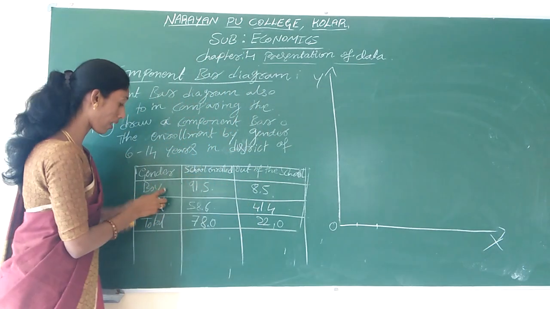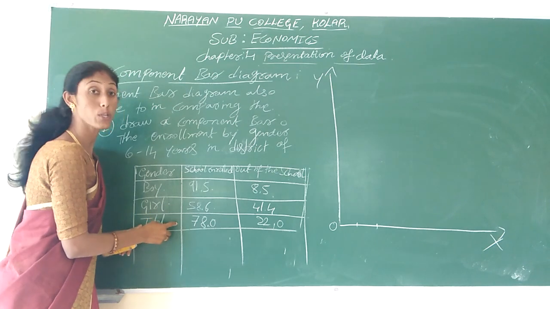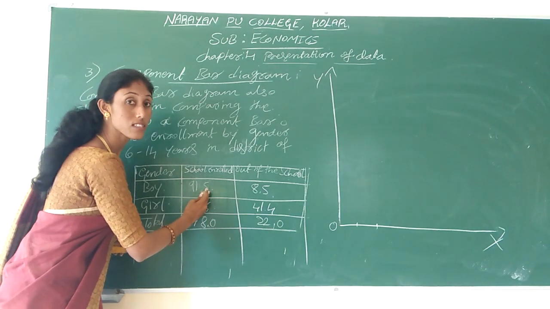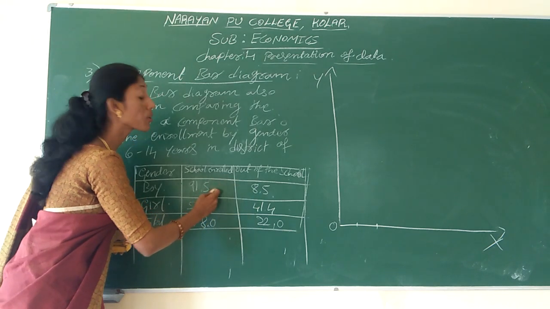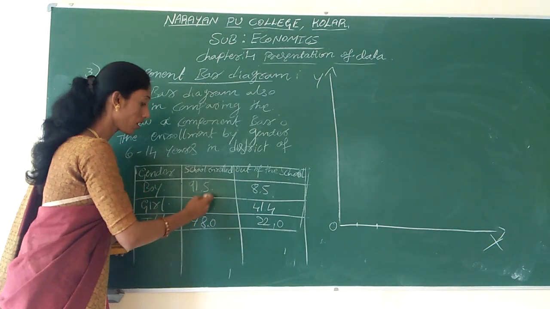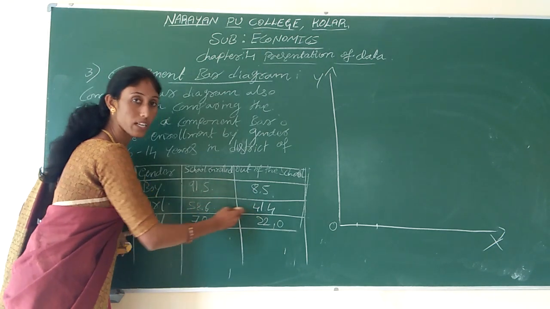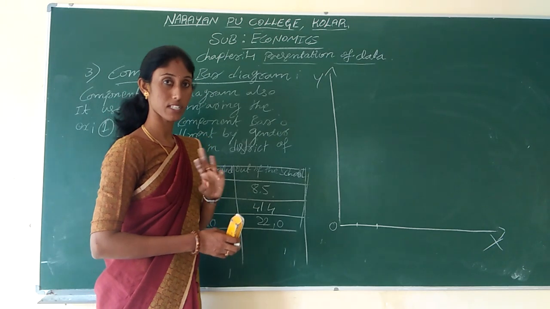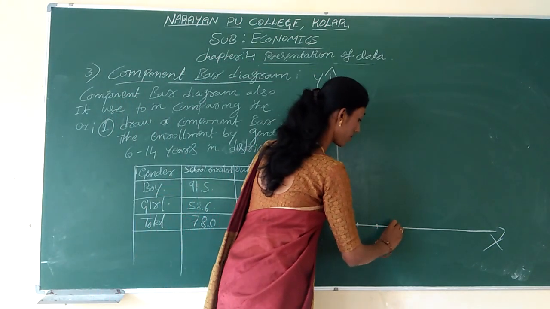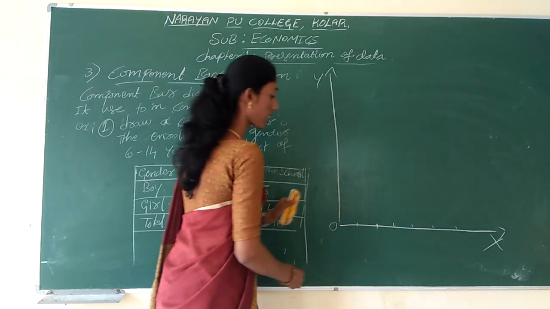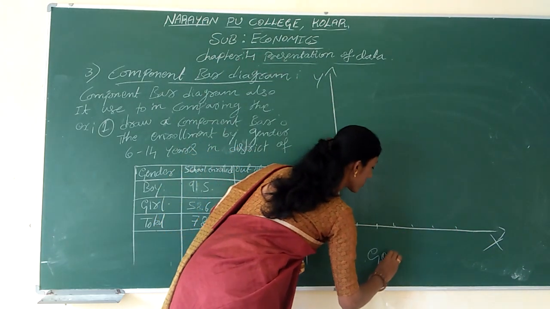Here we have boys, girls and total to represent, and the bars we are going to subdivide into different components: school enrolled and out of school, for each of the three bars. Then take two parts. Here we are measuring genders.